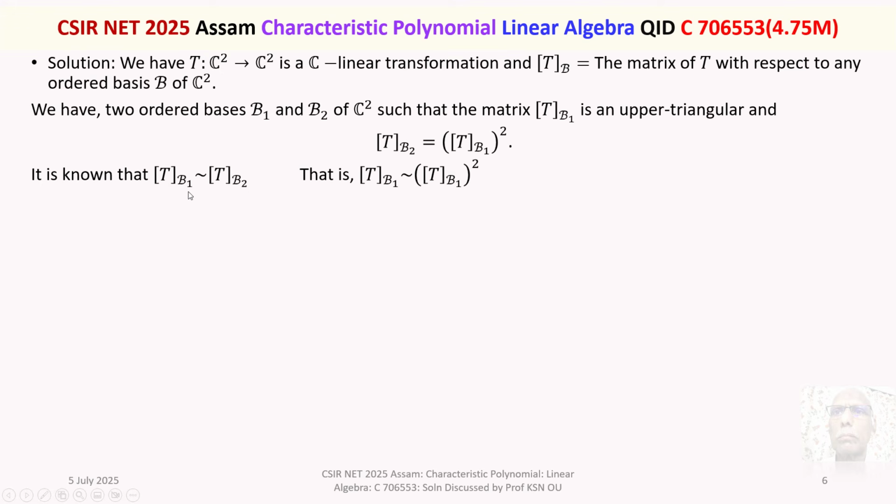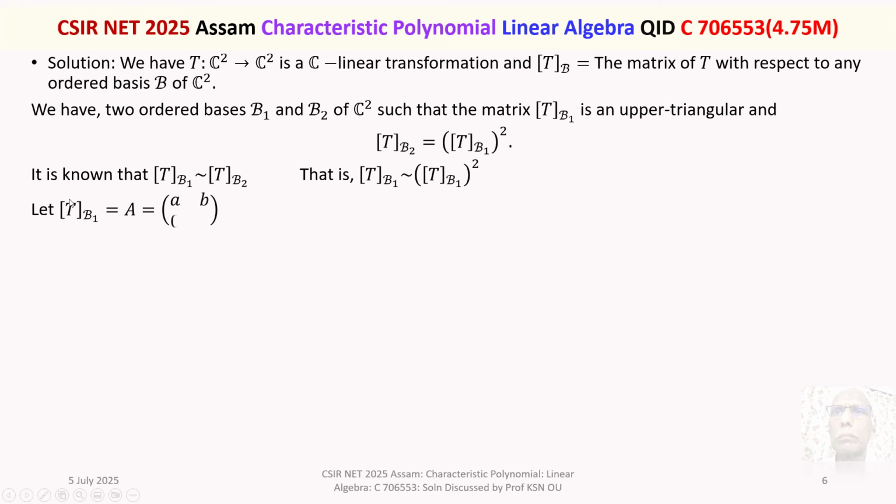So it is known that the matrix of T with respect to B1 is similar to the matrix of T with respect to B2. That is, the matrix of T with respect to B1 is similar to the square of the matrix of T with respect to B1.